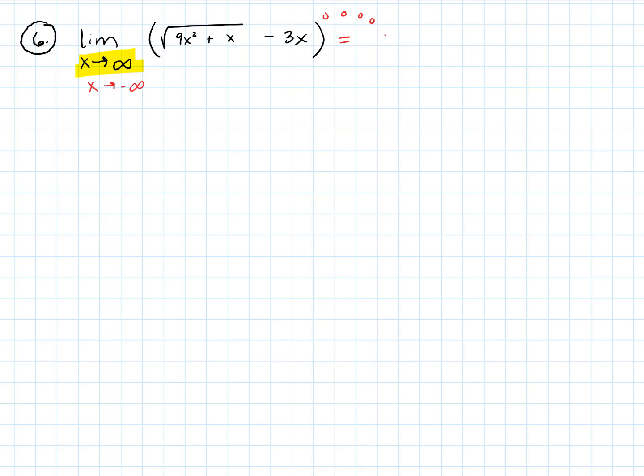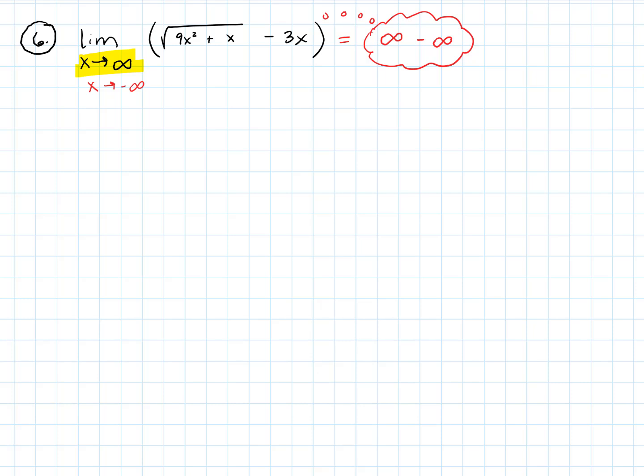And I get the square root of infinity. Well, the square root of something that's growing without bound also grows without bound. So essentially I get infinity out of the root, and then I'm subtracting 3 times something growing without bound, which would also be an infinity. And this is something we can't compute.